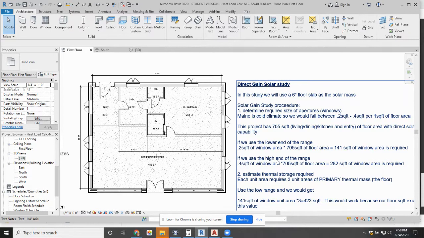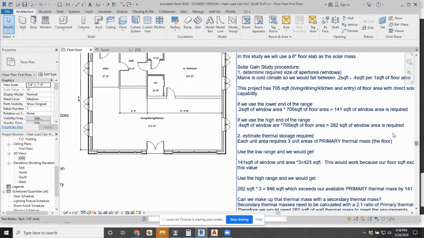If I use the higher end, I do 0.4 times the 705 square feet, and I end up with about 282 square feet of window area required. Okay, so that's one piece. So I know that I've got a range here, and I want to see which ones, would either of these work, or would one work but not the other, okay?